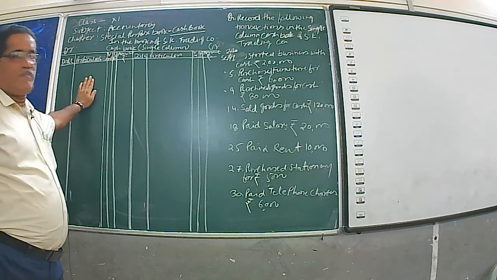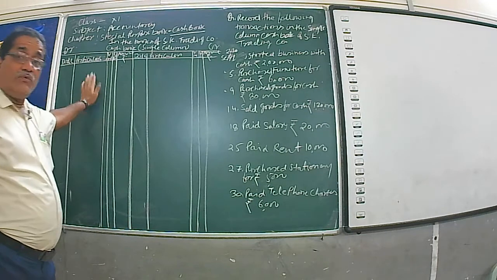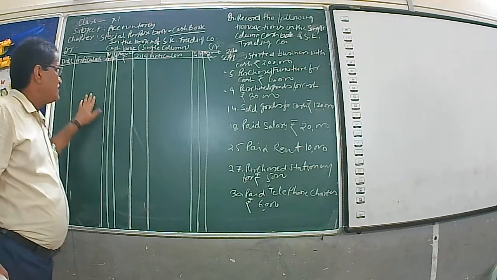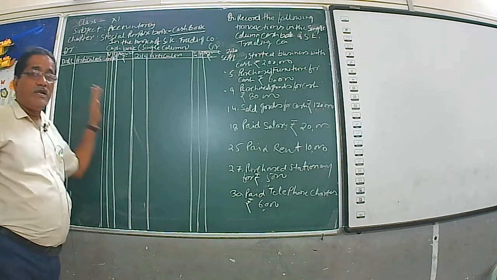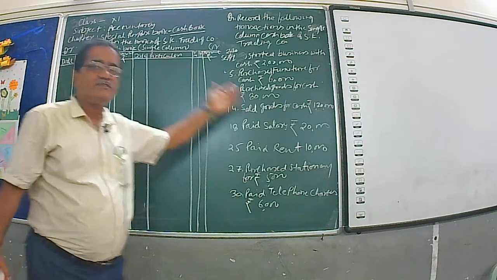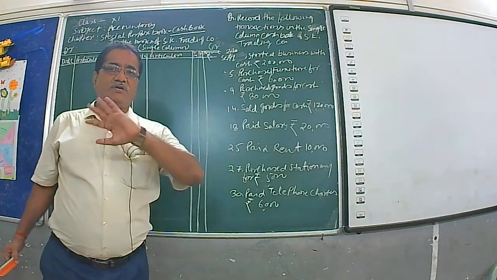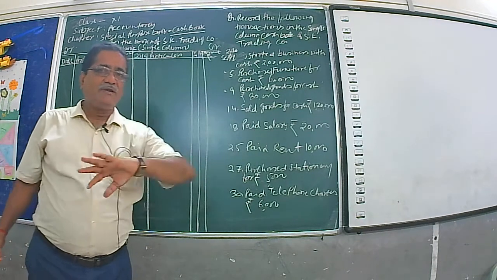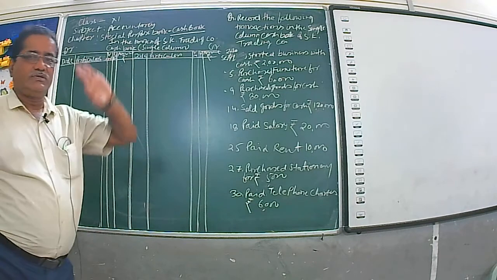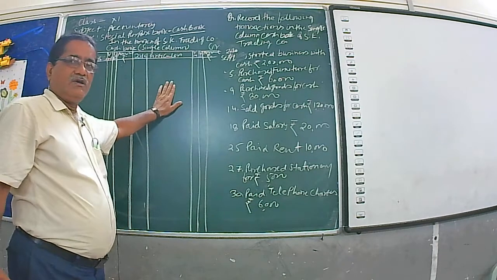Whatever money is received by the business unit should be noted on the debit side. And whatever payment is made by the business unit should be noted on the credit side. Whatever transactions involve making payment or money going out should be on the credit side.